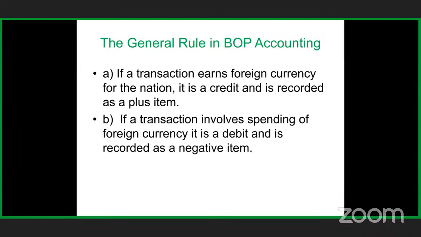And now the determinants of balance of payments. The balance of payments can be affected on two accounts, current account and capital account. Factors affecting the current account are inflation, national income, government restrictions, and exchange rates.